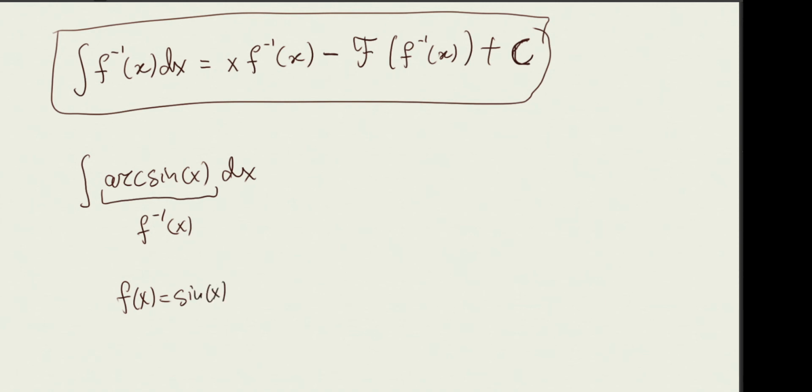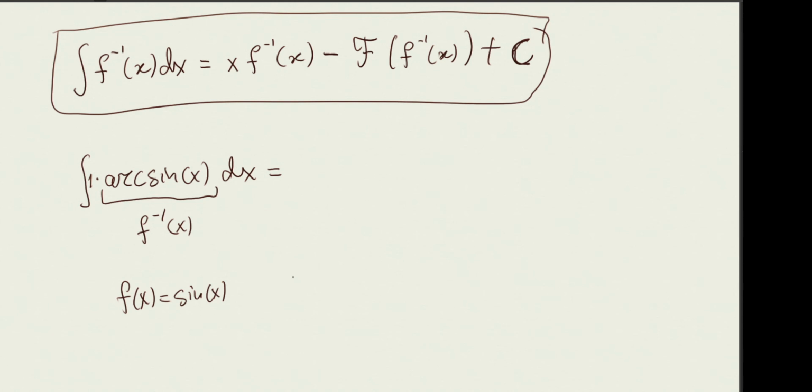This integral, of course, we know. It can be taken by parts, so we can think of it as 1 times the arcsin of x, choose the arcsin as u and 1 as v prime, and it will yield the same result as we get here. But this formula gives the result quicker.